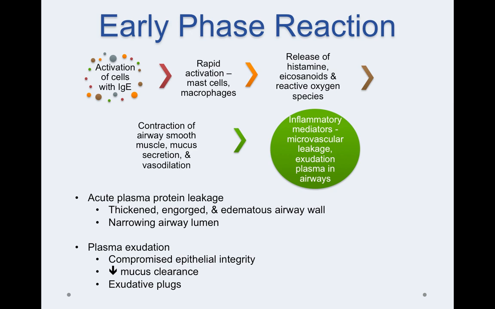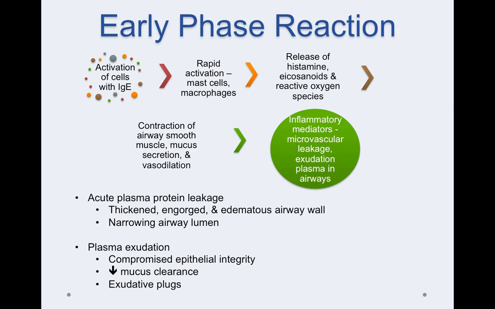This release of these agents results in the contraction of airway smooth muscles, mucus secretion, and vasodilation, furthermore causing inflammatory mediators such as microvascular leakage and plasma exudation as well. This ultimately results in airway obstruction.